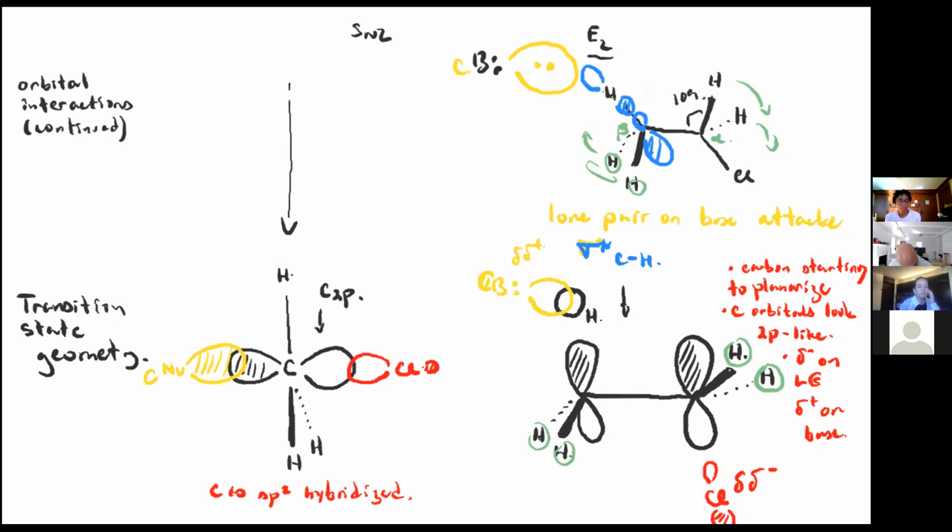180 degrees. And then the bond angle between the substituents on carbon is 120.